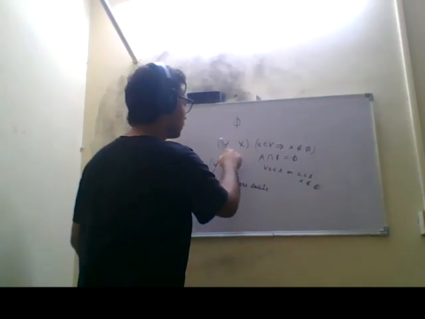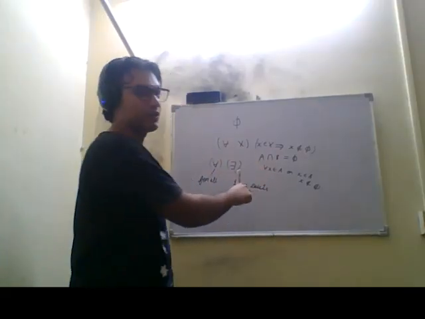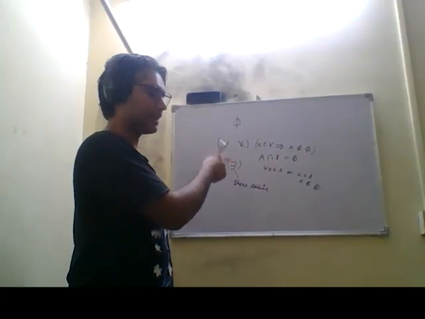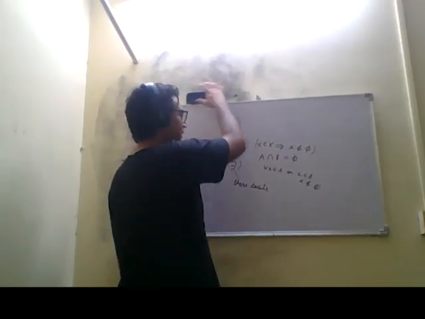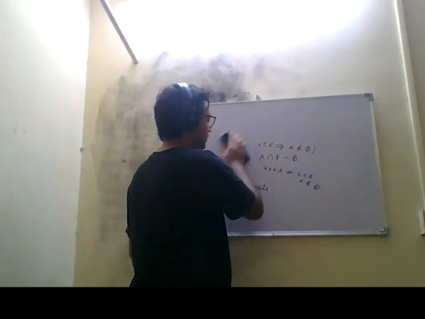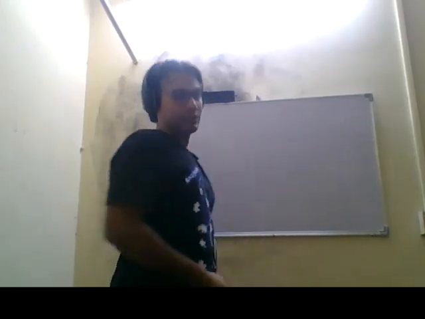This is from this. It's true for all sets X, so it's obviously true for X in A and B, right? So I wanted to add this a little bit. It shouldn't last too long. I don't want to spend too much time here.